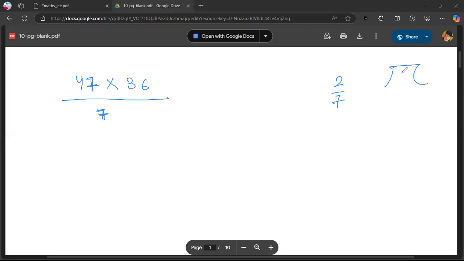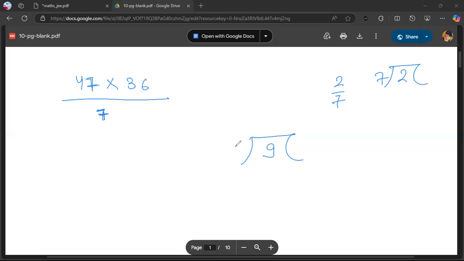When we divide 2 by 7, what will be the remainder? It will be in decimals, and if we find it in decimals, what's the use of a remainder there? In decimals, we solve only to get the remainder as 0.